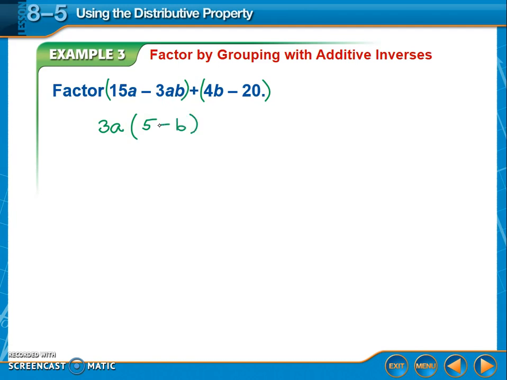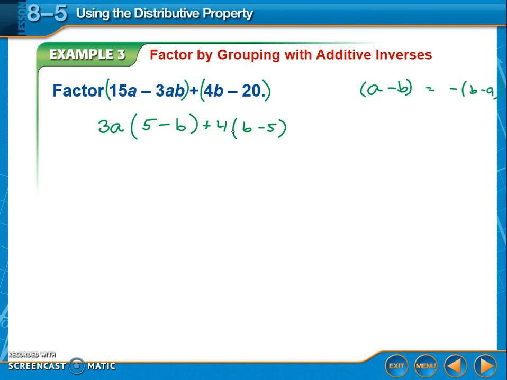So I get 5 minus b. Looking at the next part, they both have 4. If I pull out 4, I'm left with b minus 5. Now, if you remember from the last section, we saw that if you have a minus b, it's the same thing as negative b minus a.